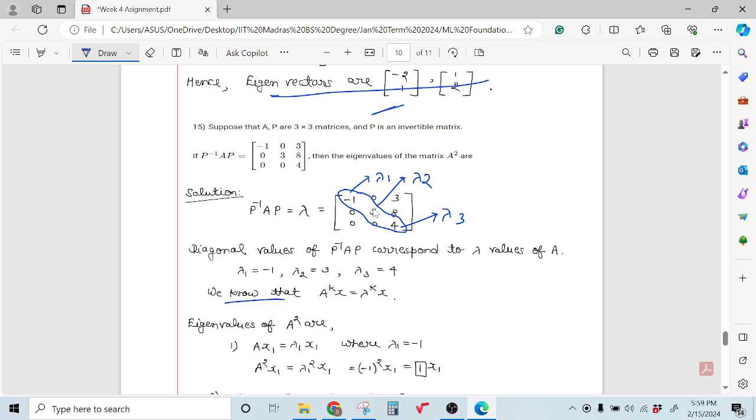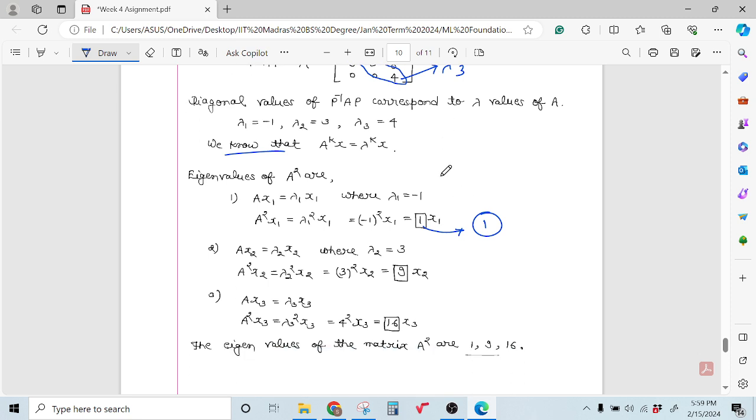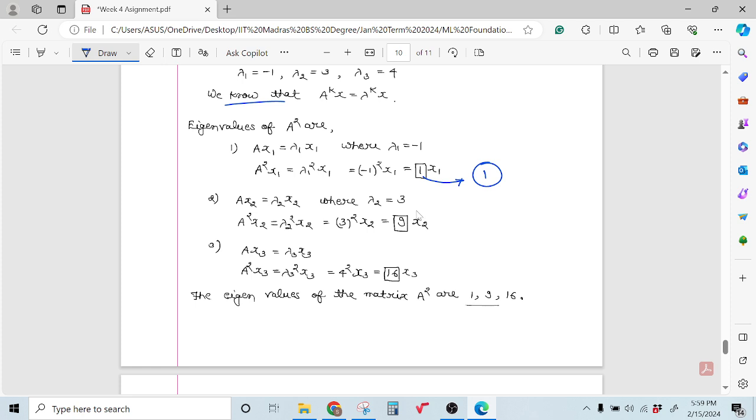We know the property, which we also used in the previous question, that A^k x is equal to lambda^k x. So the eigenvalues of A square are: for lambda 1 equal to minus 1, A square x1 is lambda 1 square x1, and we substitute lambda 1 as minus 1 and get 1 times x1. So the corresponding eigenvalue of A square is 1. Again, for lambda equal to 3, we got A square x2 equal to lambda 2 square x2, and we got 9x2.